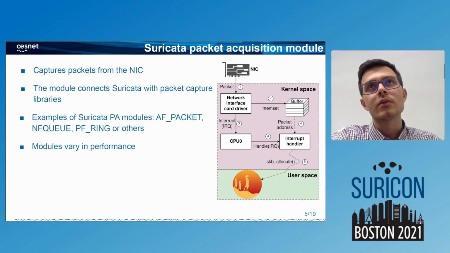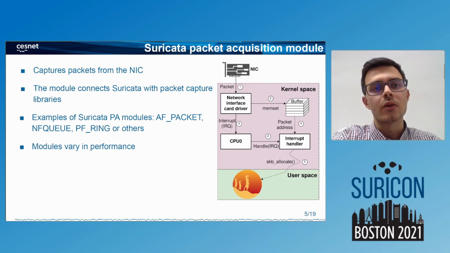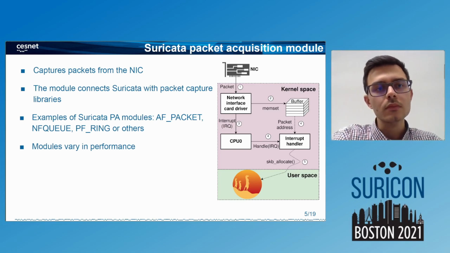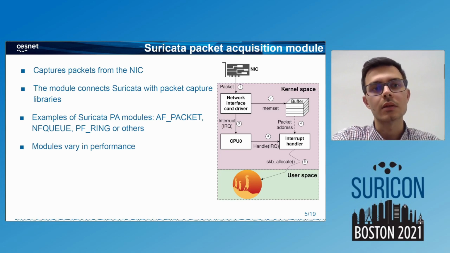So we try to focus on the capture method, or packet acquisition modules. To give you a little idea what's inside the packet acquisition modules, you can see the image on the right.